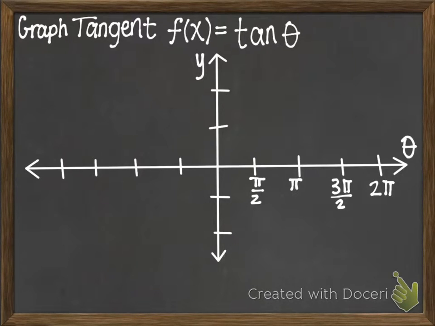Normally when we draw the graph of tangent, just like yesterday as well, we usually just draw 1 complete cycle or sometimes 2 complete cycles. And I usually start at 0 and go towards 2 pi. But for practice right now, I want you guys to see the negative side of the theta axis as well. So we're going to do a little bit of extra graphing.